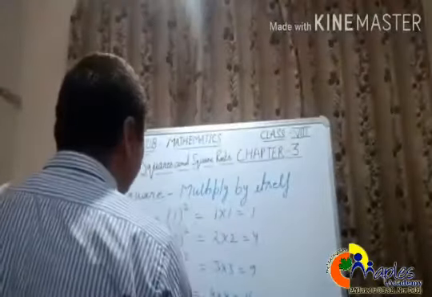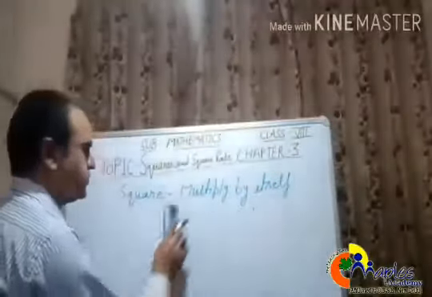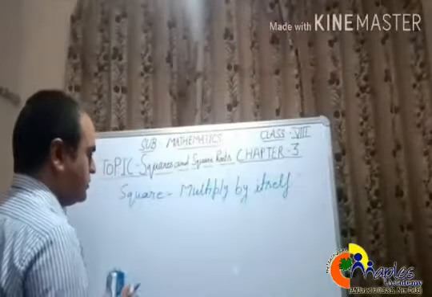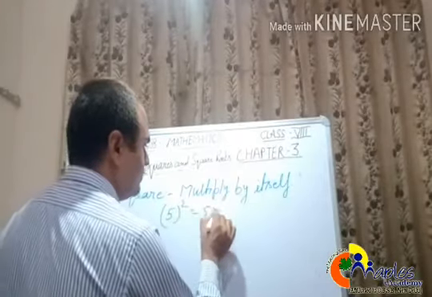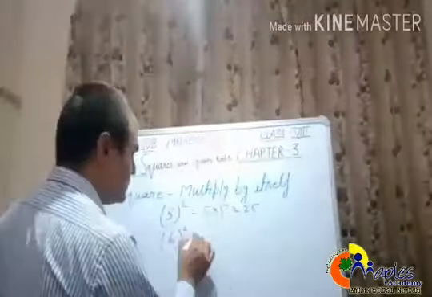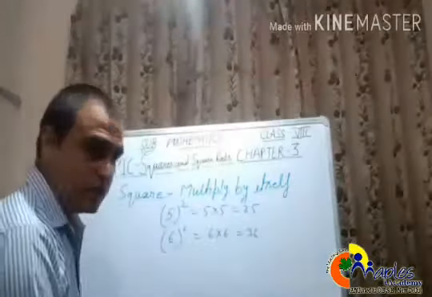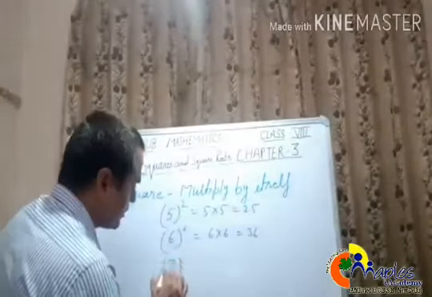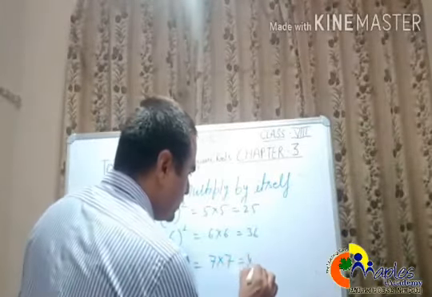Now the next examples are: what is the square of 5? 5 square equals 5 multiplied by 5 equals 25. What is the square of 6? 6 multiplied by 6 is 36. What is the square of 7? 7 into 7 is 49.